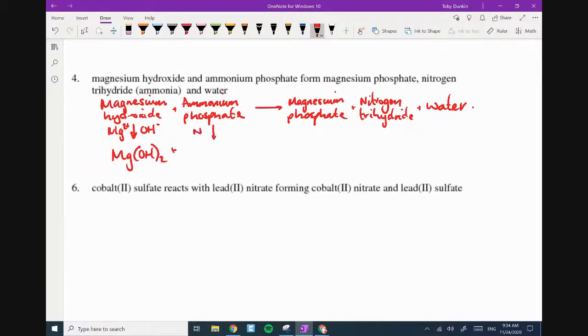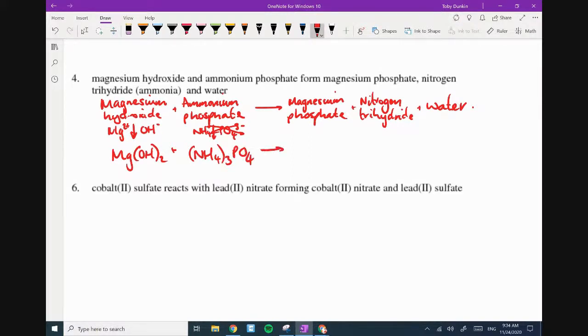Right, ammonium phosphate, NH4+ and PO4 3-. I should really make my pen smaller. NH4+, crossing down. I'm going to need 3 ammonium ions. That's a tricky one. If you can do that, you can do anything. PO4. There we go.